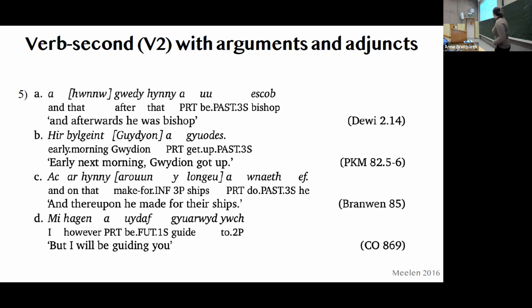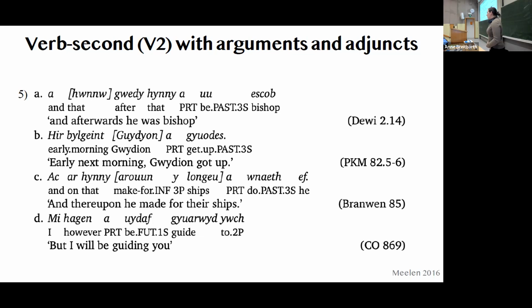So what we are getting here is, and afterwards he was bishop. So Gwedi Honey Avi Biscop, and he is that one over there. So what we see in this particular case is that actually instead of verb second, we still call it verb second, but secretly there's actually multiple constituents.